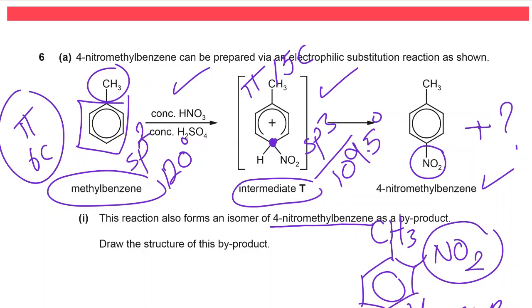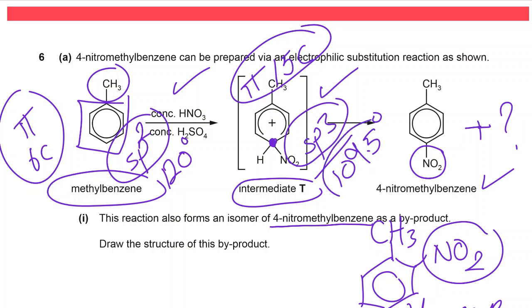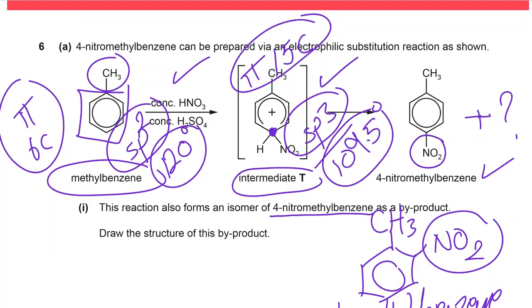So 6 carbons have pi bond, and here 5 carbons have pi bonds. These carbons in the benzene ring, all of them have sp2 hybridization, but here only 5 carbons have sp2 hybridization, and here only 1 carbon, this one, has sp3. So in this case the angle here is 109.5 and here 120.